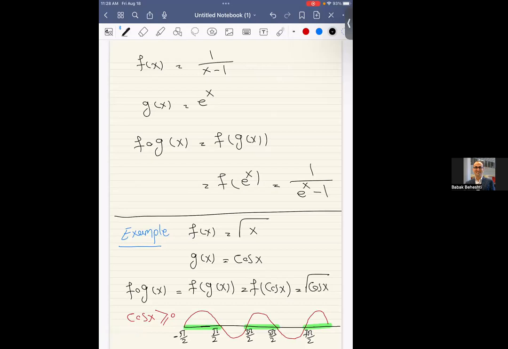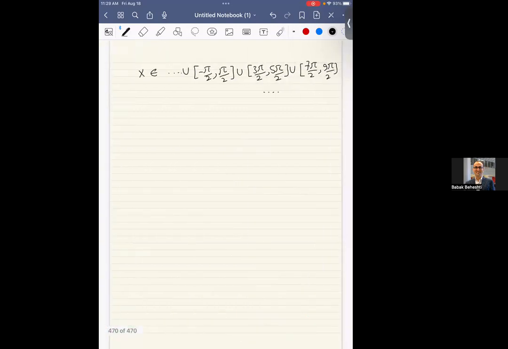Any question? Okay. Now, can you compute another example? This is an exercise. Imagine that f of x is equal to the following.